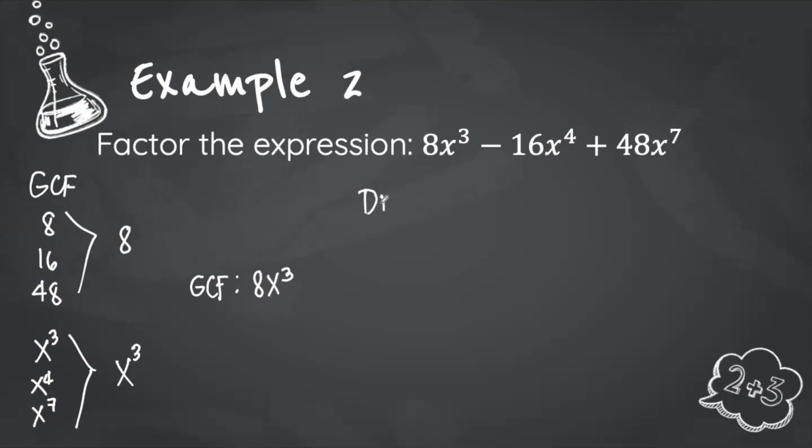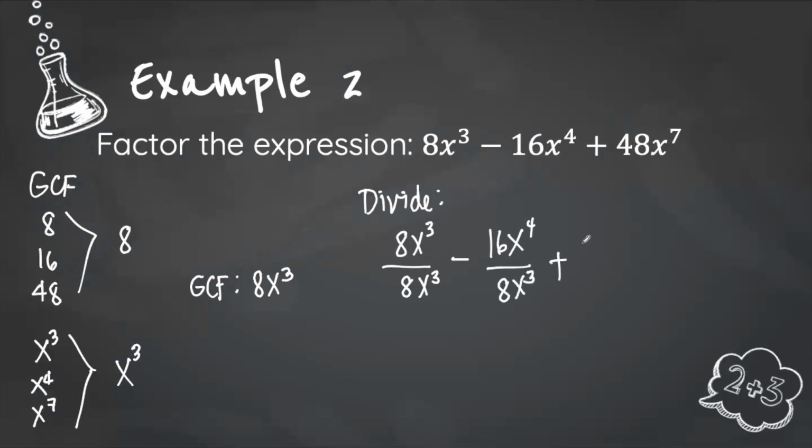Then, we go to the next step, which is to divide. So, we copy each term and divide each term with our GCF. 8x cubed divided by 8x cubed minus 16x to the 4th divided by 8x cubed plus 48x to the 7th power divided by 8x cubed.